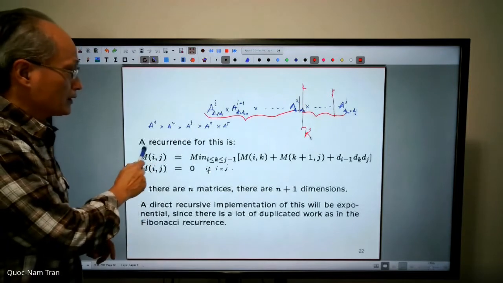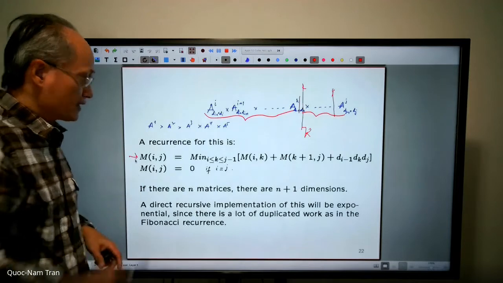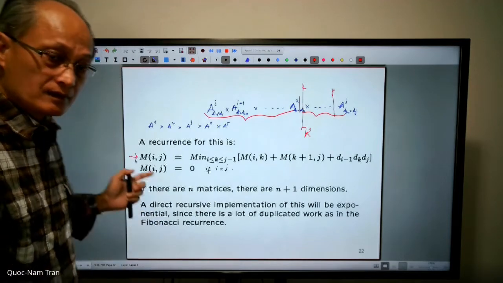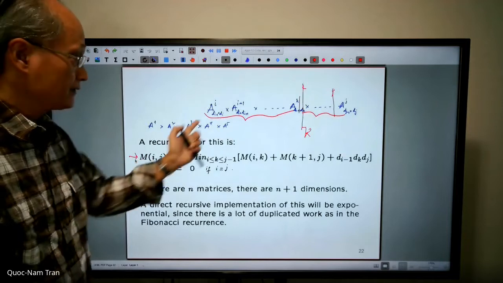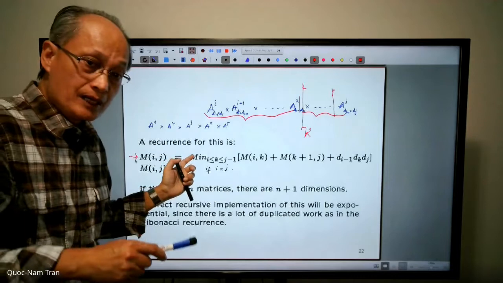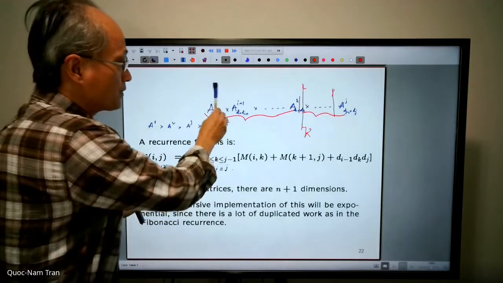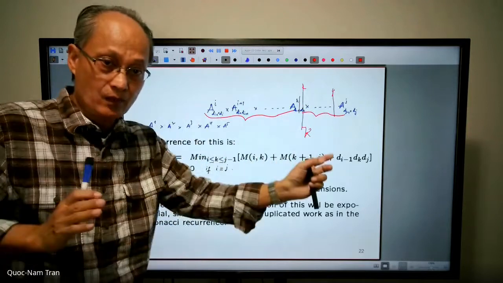So the optimal cost for multiplying a sequence of matrices from I to J will be the minimum cost over all possible ways to cut the big sequence.